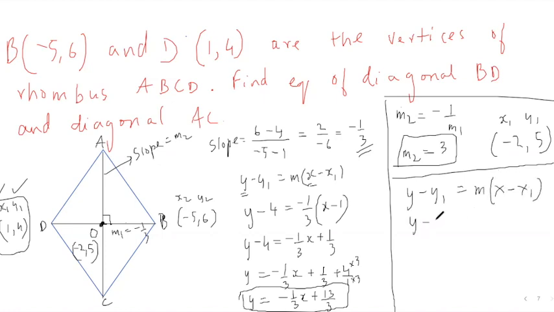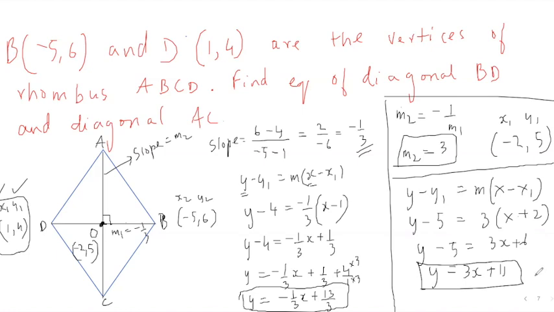So y minus 5 is equal to 3 times x plus 2. So y minus 5 is equal to 3x plus 6, or y is equal to 3x plus 11.